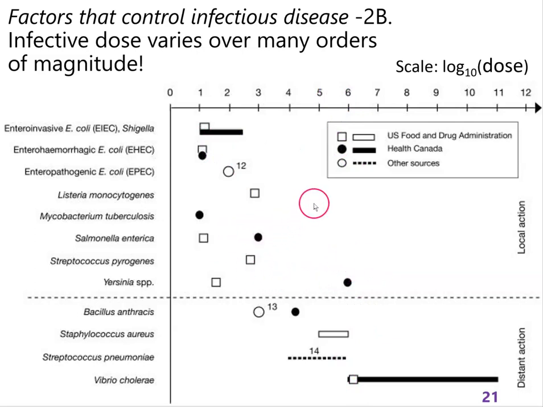Some of the ones that I point out are some of the nasty gut pathogens, different strains of E. coli that are adapted to cause disease in the gut. These have very low infective doses. 10 to the 1st power is 10.